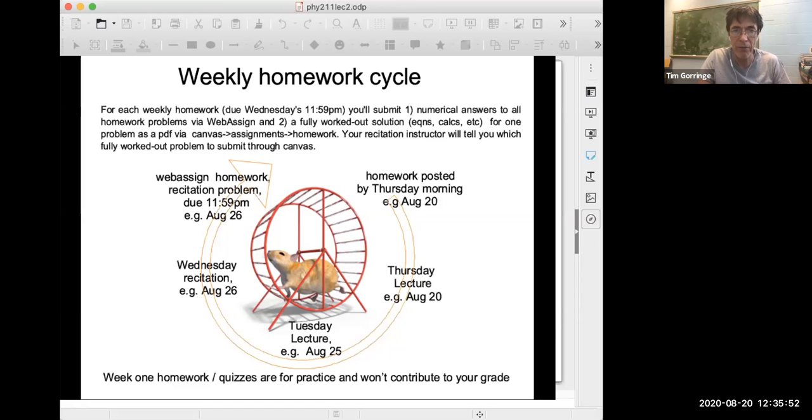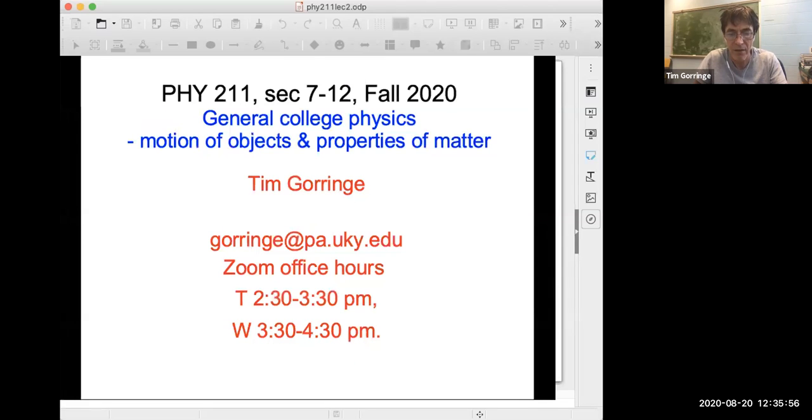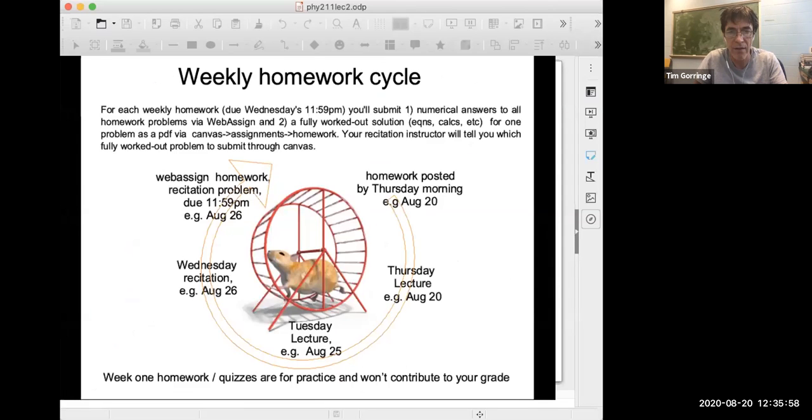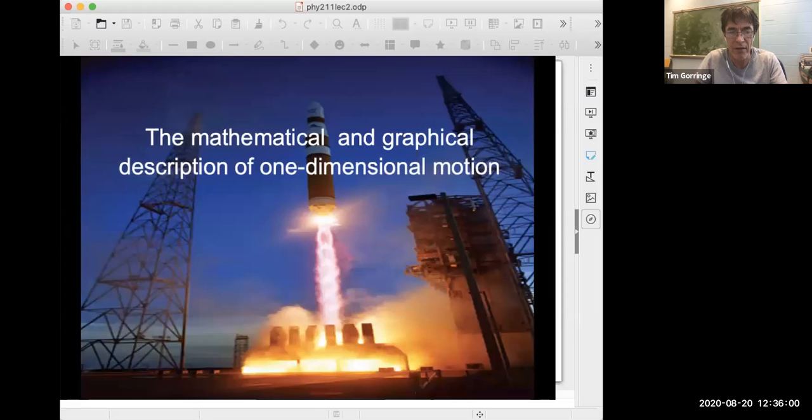So let me move on here. Today's class, I want to talk about the mathematical description and the graphical description of motion. So the whole class is going to be about how we describe motion, the physics language for describing motion.